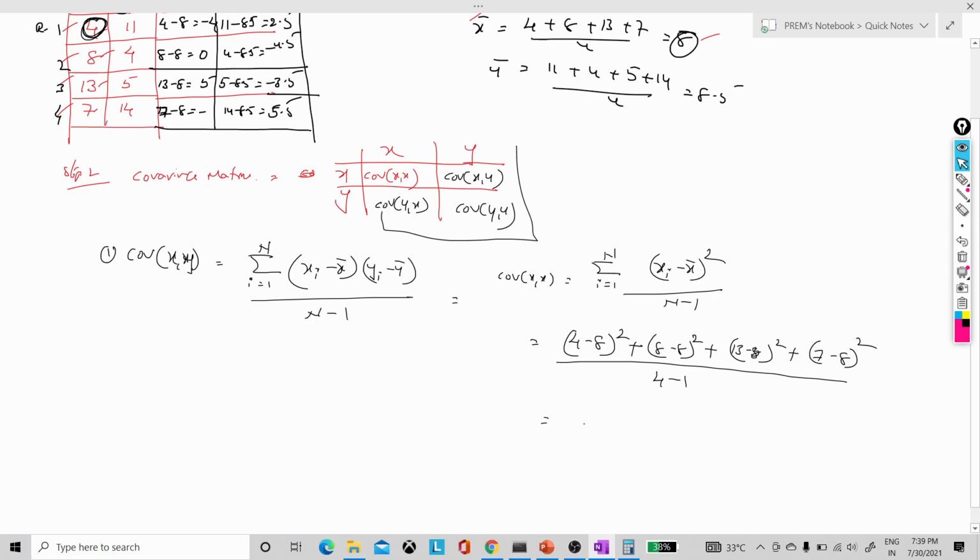So the answer will be 14. So this value in the covariance matrix will be 14.